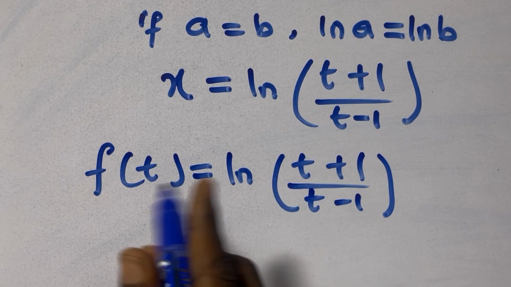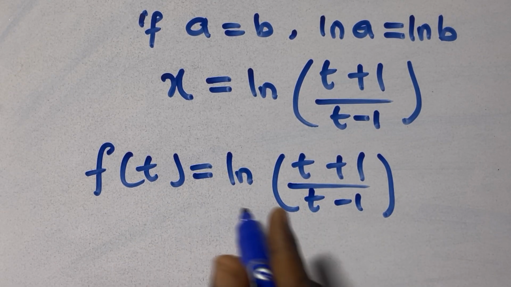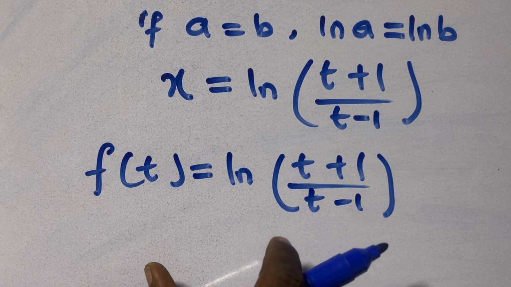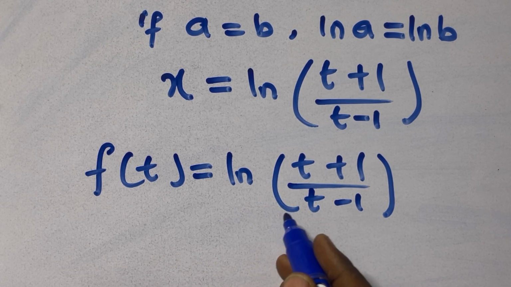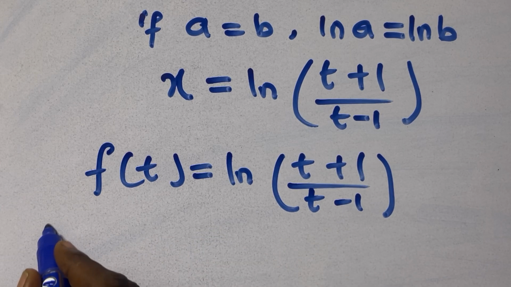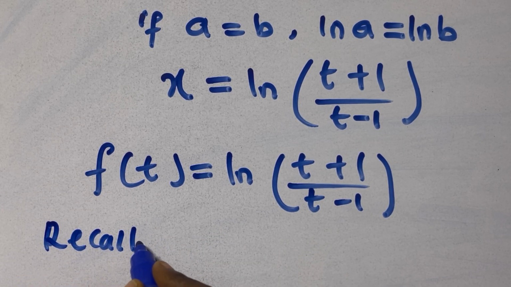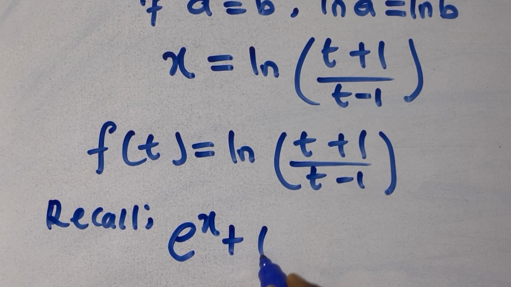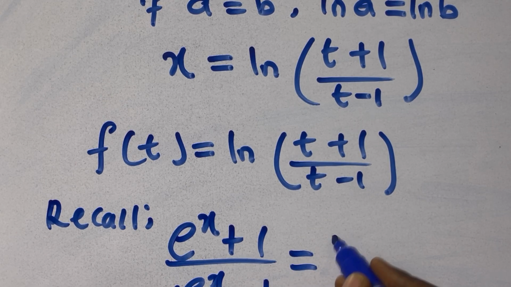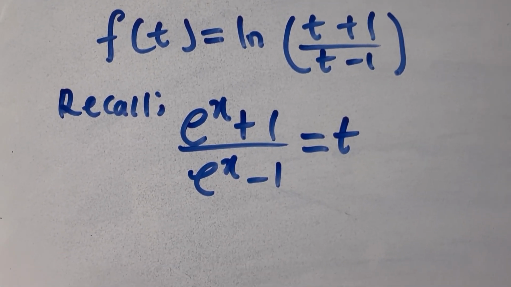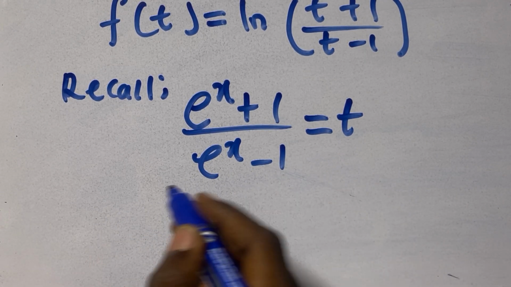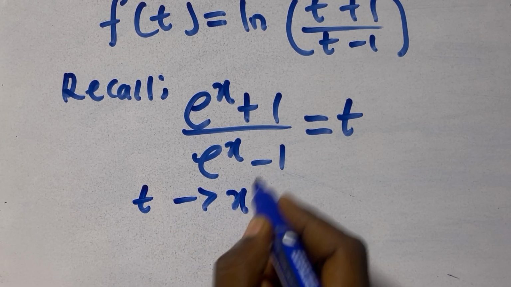This is our f(t). That means we have the function in terms of t, but we are asked to find f(x), so the function we get will be in terms of x. Let's recall that we let (eˣ + 1)/(eˣ − 1) equal t. So we just replace t with x in the above expression.